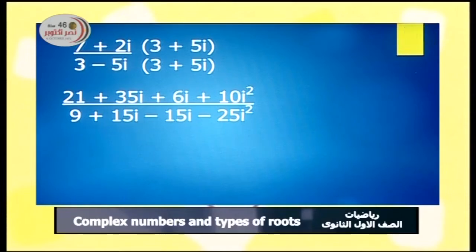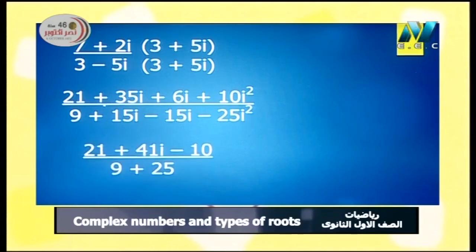In the denominator, we will multiply 3 by 3 equals 9. 3 multiplied by 5i equals 15i. Then negative 5i multiplied by 3 equals negative 15i. Negative 5i multiplied by 5i equals negative 25i squared.